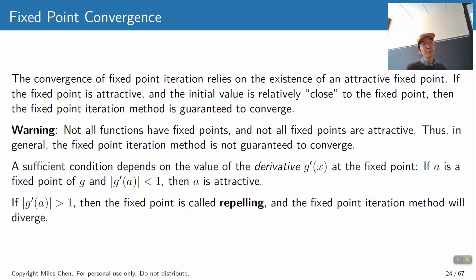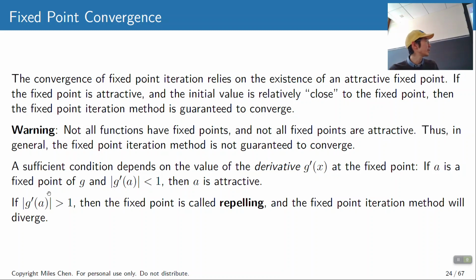Okay. For fixed point iteration to converge, we depend on the existence of an attractive fixed point, and not all functions have attractive fixed points. One kind of sufficient condition is that if you can take the derivative at the fixed point, g prime of x, if the absolute value of the derivative is less than 1, then that fixed point is going to be attractive.